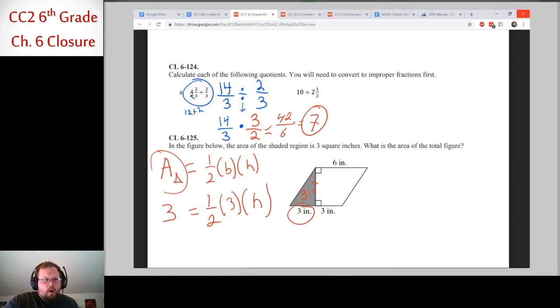So the question is, what value will make this give me 3? And there's a couple of ways to do it. 3 times something divided by 2 gives me 3. This something has to be 2, which means that this height of this parallelogram is 2. So then you can use the area of the total figure as just 6 times 2, which is 12 inches squared.